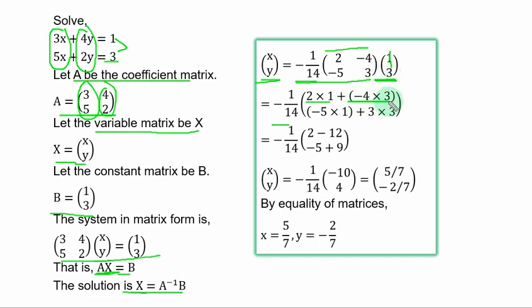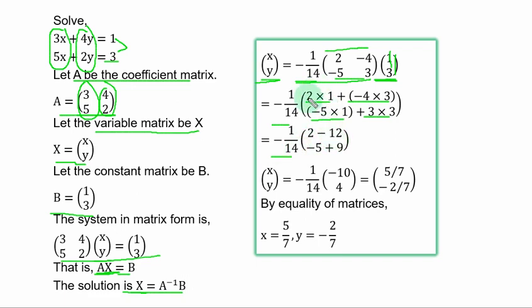The second row times the only column: minus 5 times 1 plus 3 times 3. You also have the coefficient outside. You have 2 minus 12.